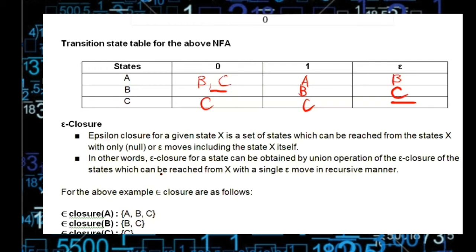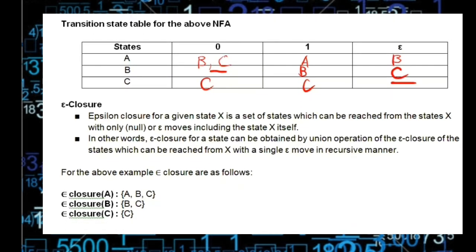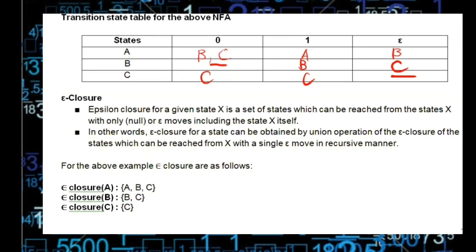E-closure, para maintindihan, ito yung E-closure ng above diagram, that we find all the target states by making a transition table for the above NFA. Dito ka lang tumingin. Example, E-closure of A. Ano mga sagot?